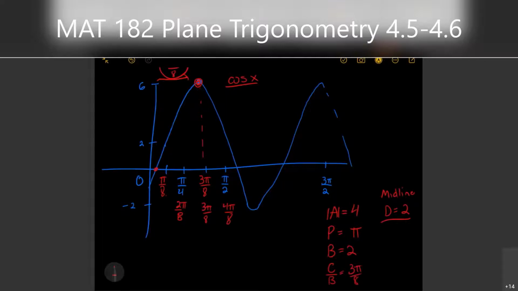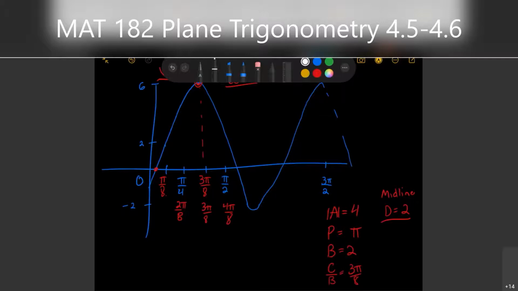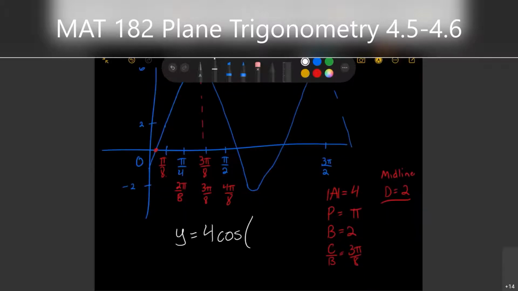Okay, so if we put it all together, this is what I think we'll have. y is equal to, my first item is my amplitude. That was the 4. We have a cosine base, cosine. And then in my parentheses is where we want to be really careful. We have a b value of 2 since my period is pi.